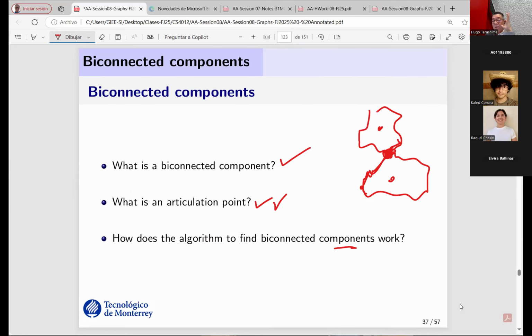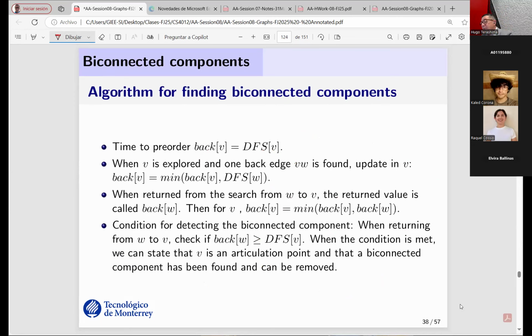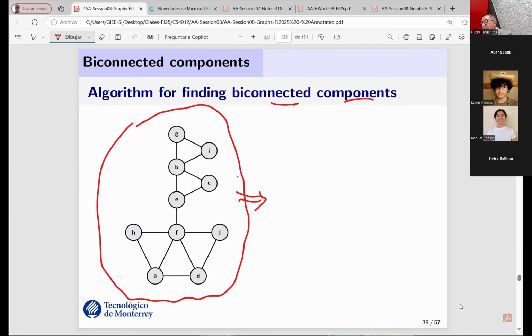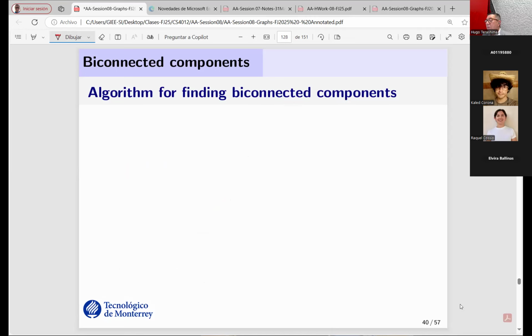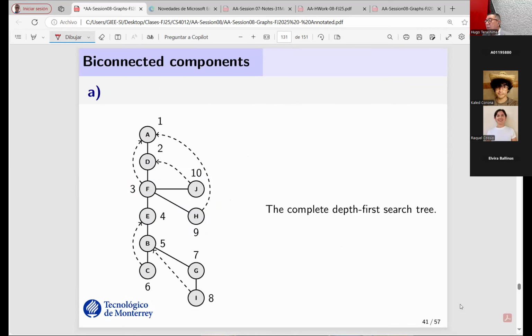So let us check what the algorithm is doing, right? There are 2 phases in the algorithm. The first phase is to traverse the graph, right? Using the depth first algorithm, right? And what you're going to do is just complete the depth first search tree.